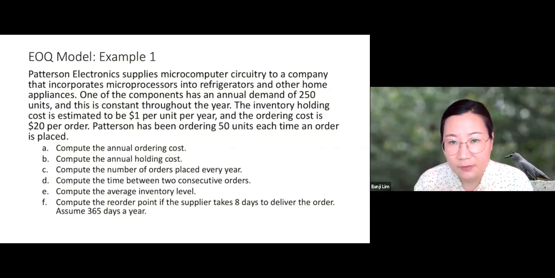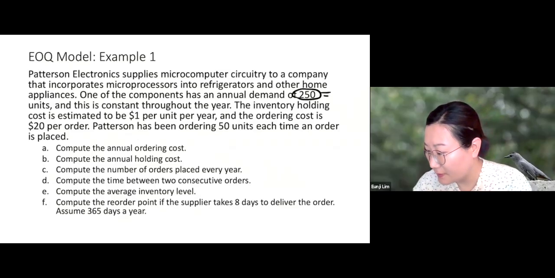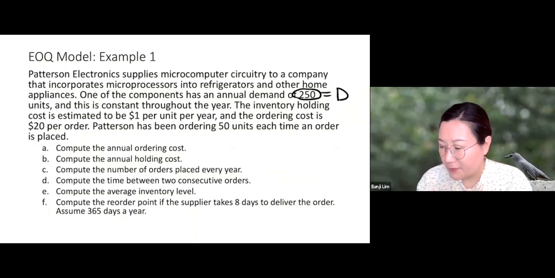Patterson Electronics supplies microcomputer circuitry to a computer that incorporates microprocessors into refrigerators and other home appliances. One of the components has an annual demand of 250 units. So this is D, and it is constant throughout the year.